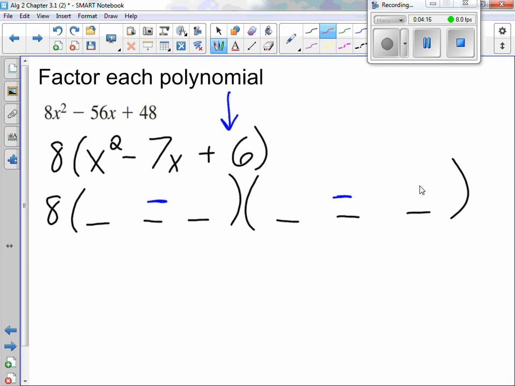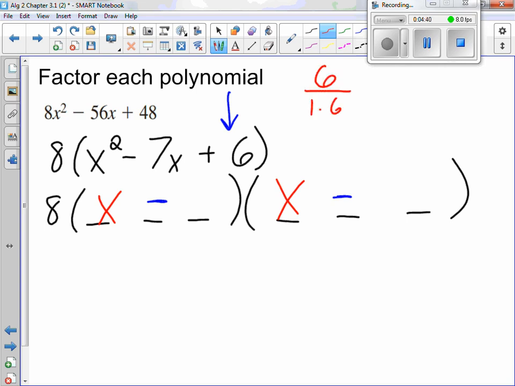Step number 4, we need to find the factors of the first and third term. Well, the first term is x squared, yes? The only factors of x squared are x and x. We're just going to put the variable down. Now, the other set of factors is going to come from 6.